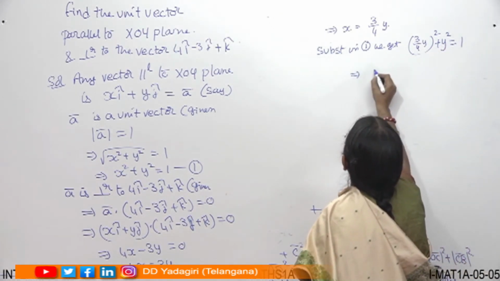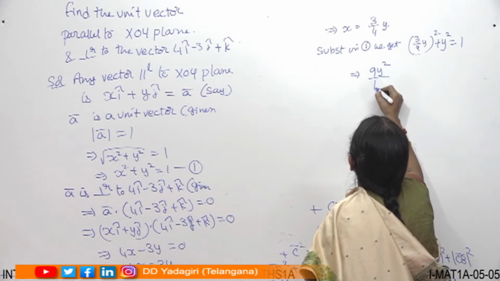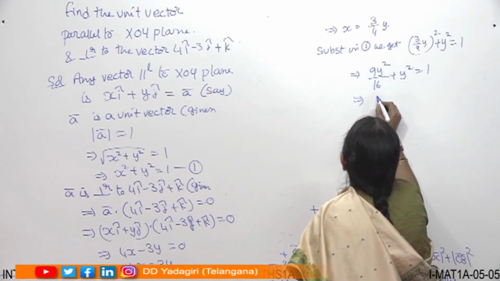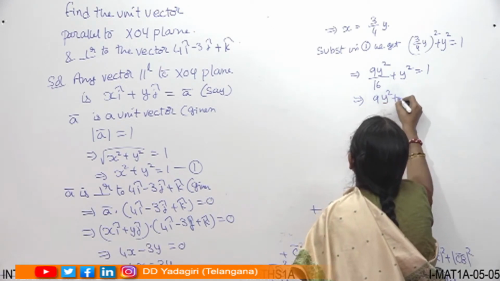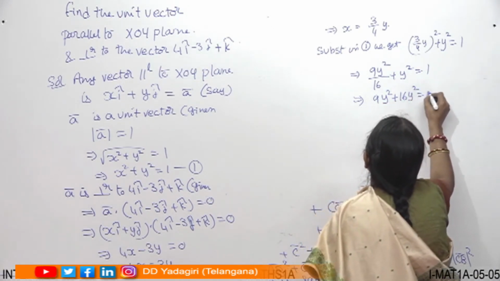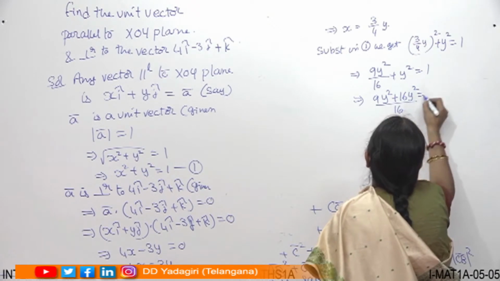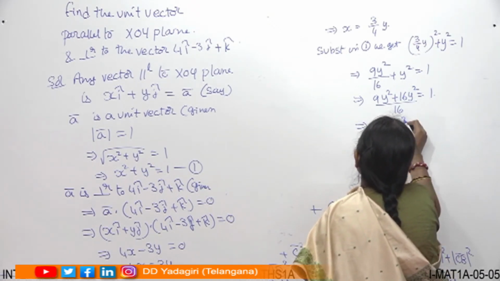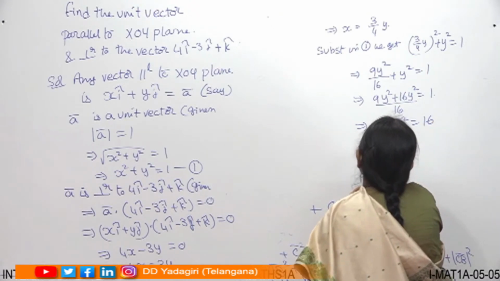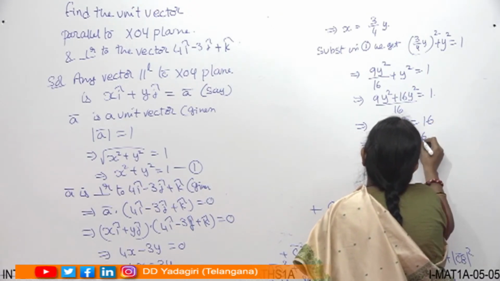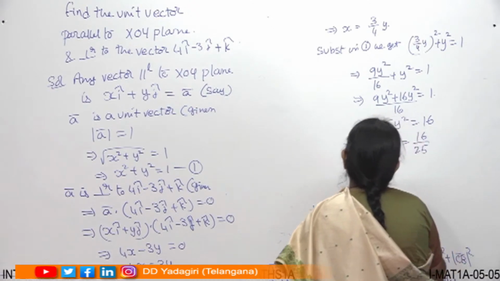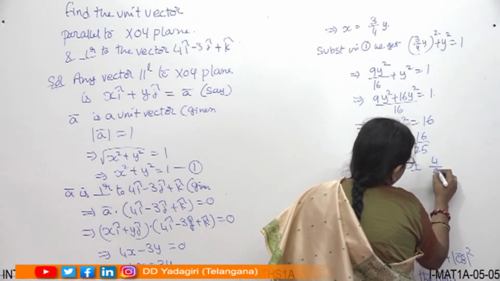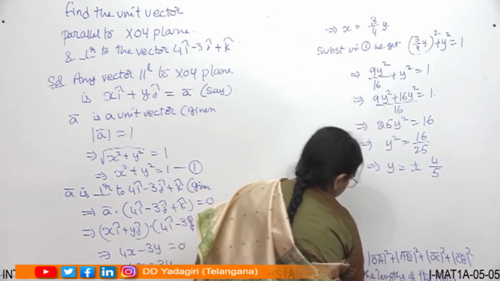That means 9y square by 16 plus y square is equal to 1. Taking LCM, 9y square plus 16y square, by 16, is equal to 1. So 25y square is equal to 16, y square is equal to 16 by 25, so y is equal to plus or minus 4 by 5.